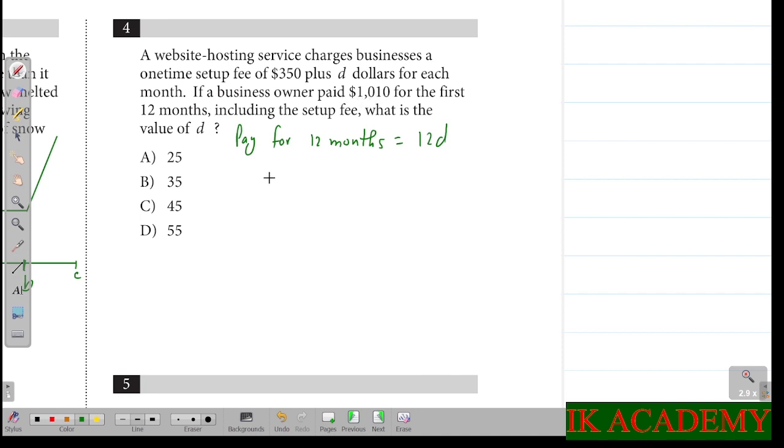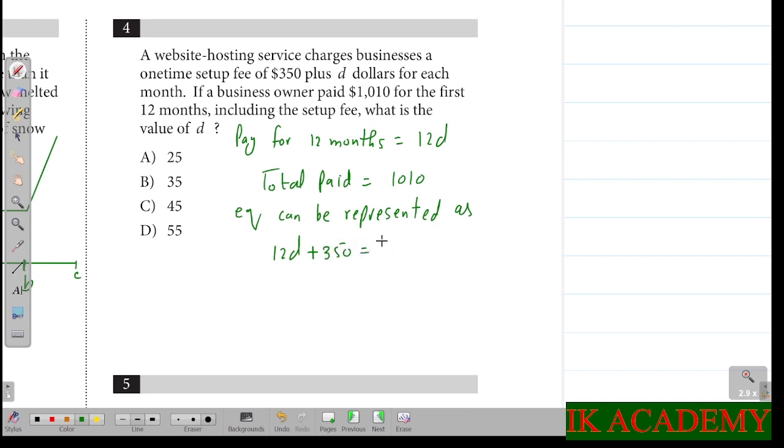The equation will be, first if I write down the total paid is equal to $1,010. So the equation can be represented as follows. It will be 12D plus the setup fee 350 will be equal to $1,010.